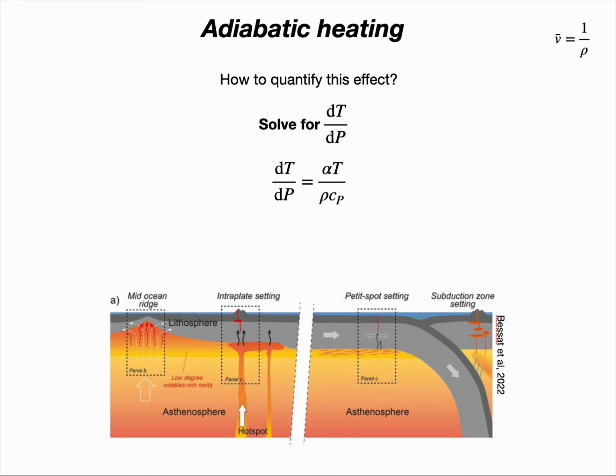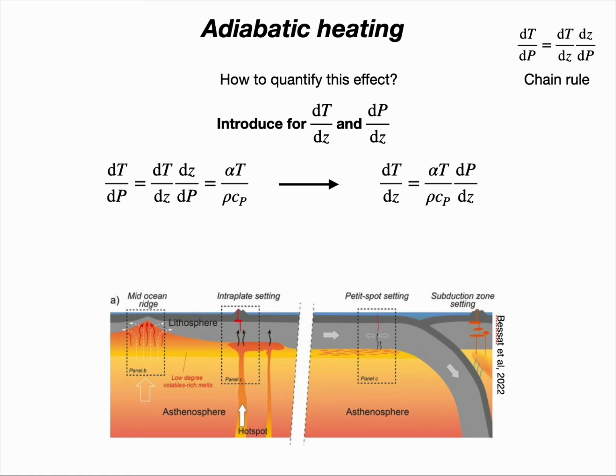Now we're going to make another assumption. We want to estimate the variation with regard to the z coordinate, assuming a lithostatic loading. So let's use the chain rule. We have dT/dP. dT/dP by chain rule can be dT/dz times dz/dP.